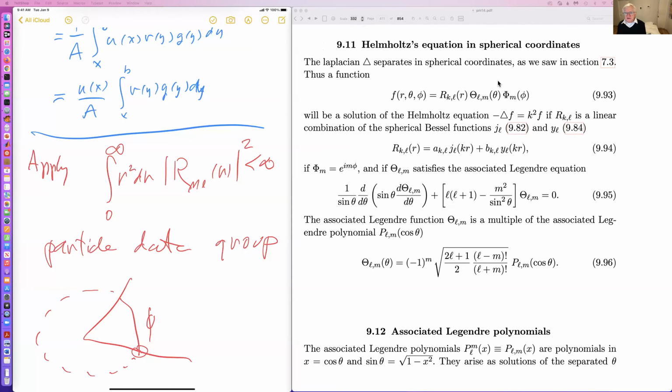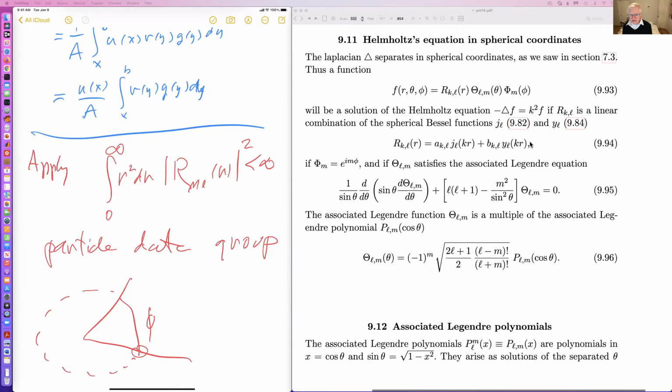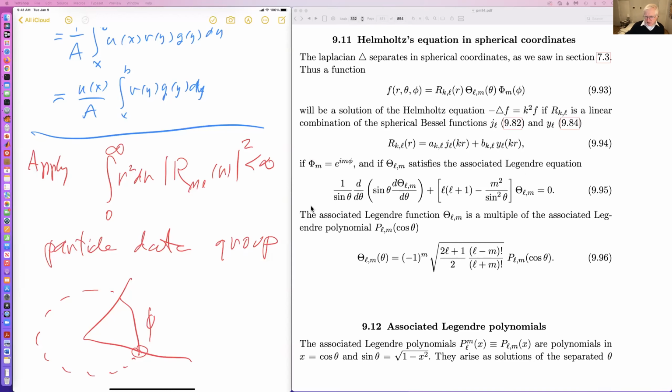So in spherical coordinates, we've seen the Laplacian separates, and we get these expressions. And this is what we use most often, because we most often have actual spherical symmetry. And this is a solution of Helmholtz's equation if R is a linear combination of spherical Bessel functions, phi is e to the im phi, and theta satisfies the associated Legendre equation.